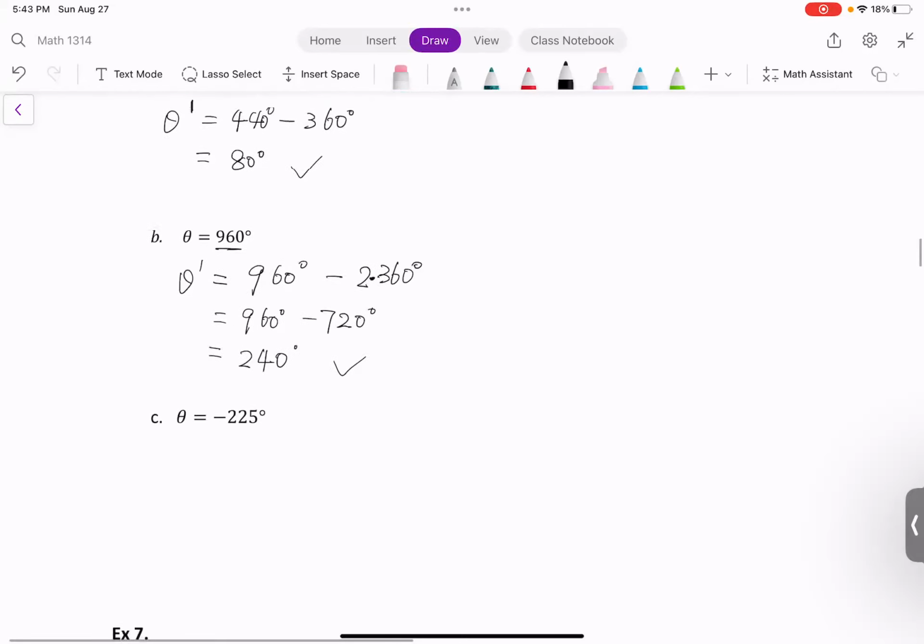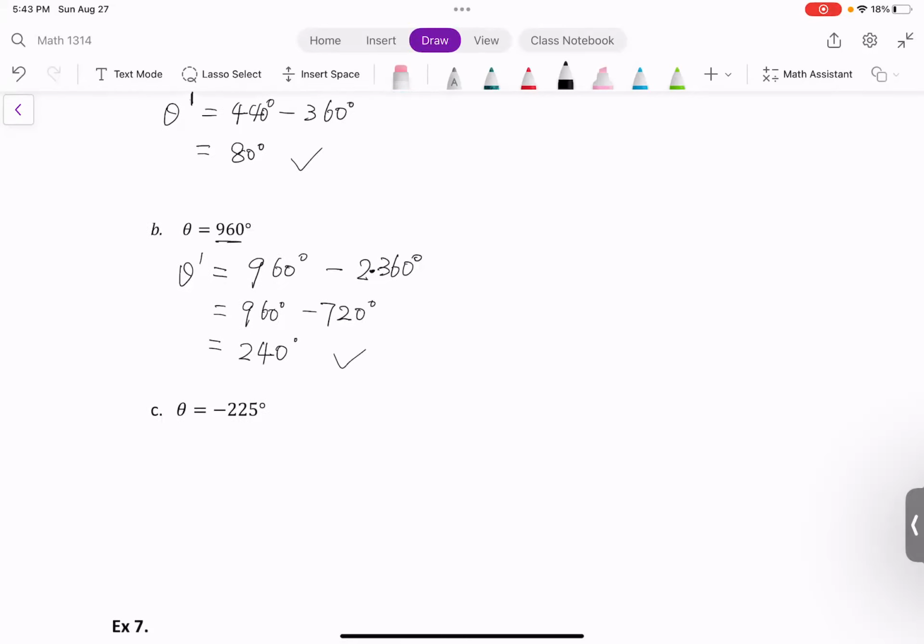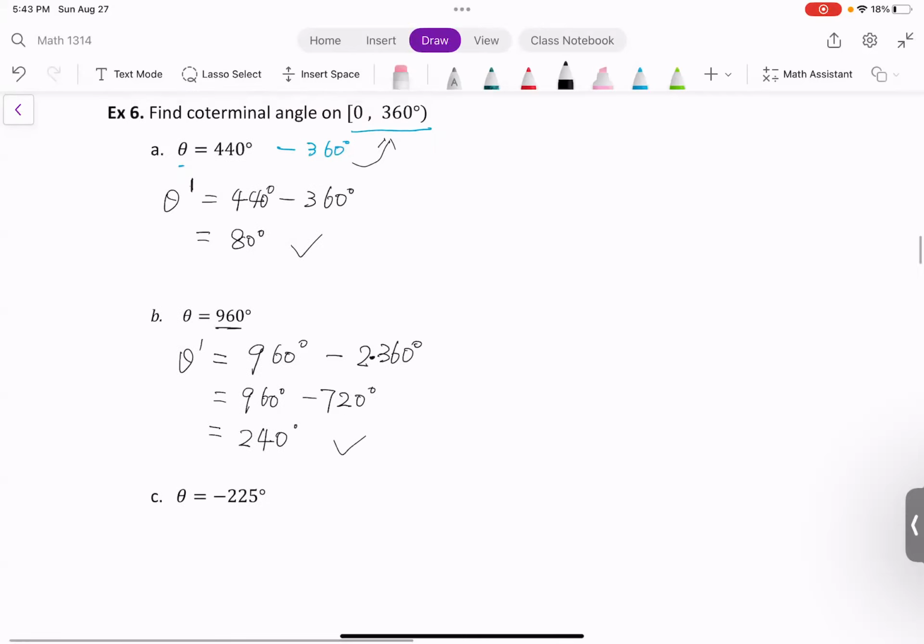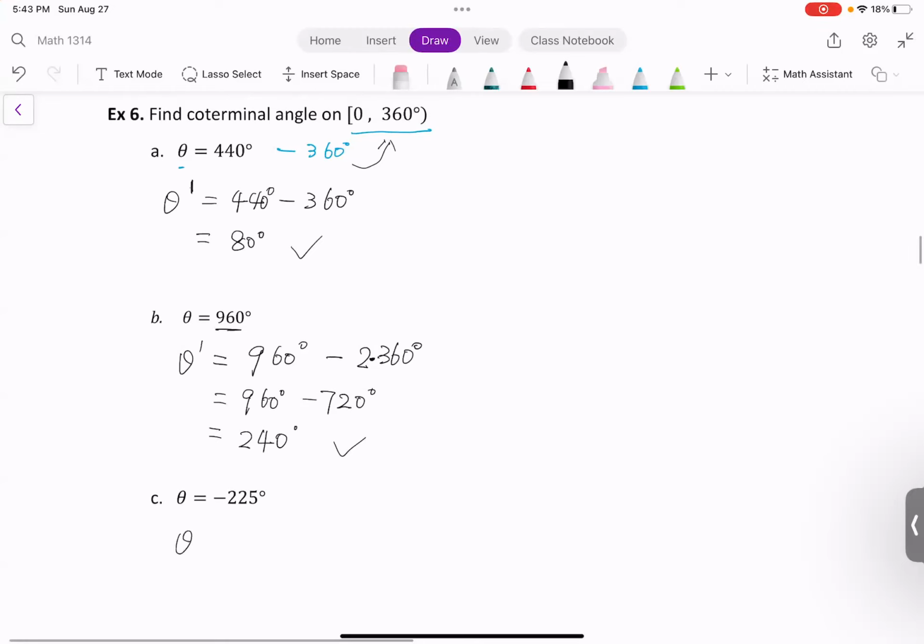All right, how about the next example? Theta equals negative 225 degrees. This is a negative angle. If I want to find its coterminal angle, theta prime, I must have an angle between 0 and 360. Let's add negative 225 degrees plus 1 full rotation.